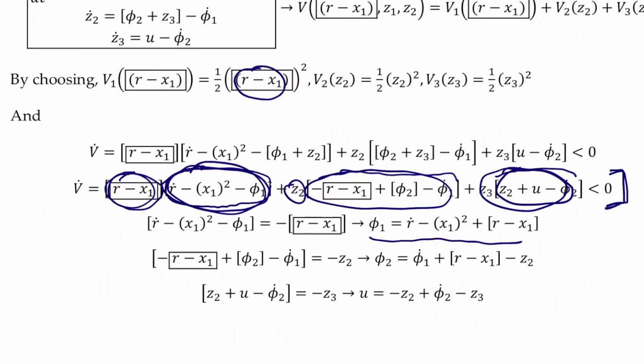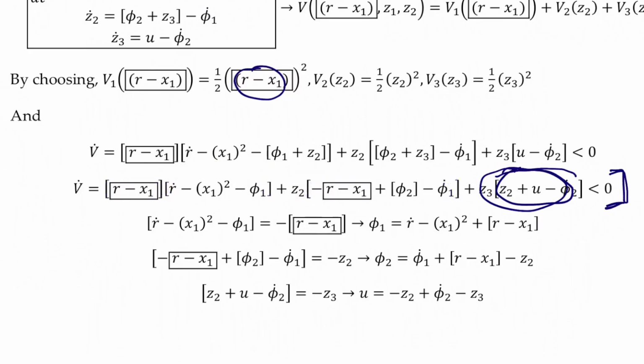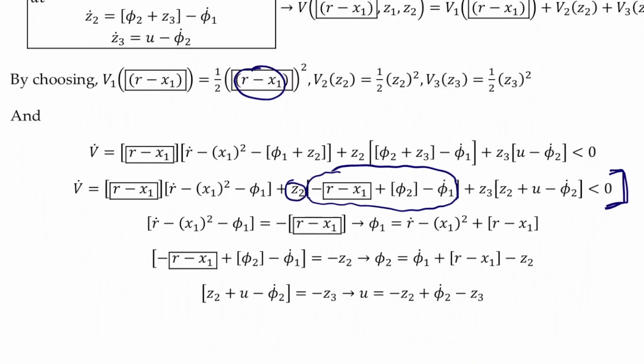Here, if we look at this expression, maybe I should clean this a bit. We want this term to be minus z2, so this term results in minus z2 squared. The same idea. Of course, this is some type of design choice.